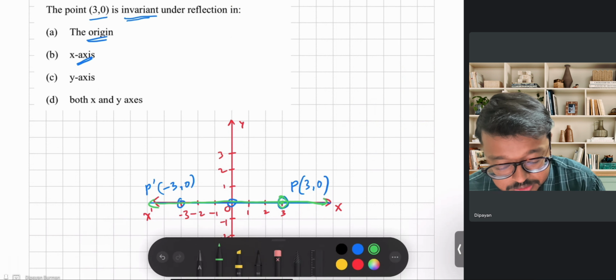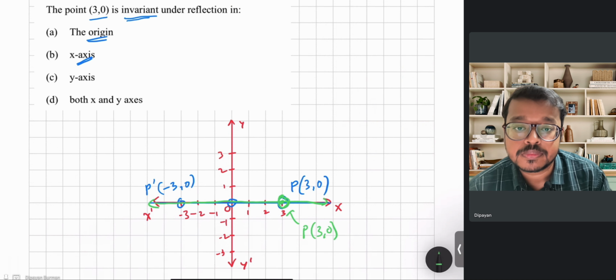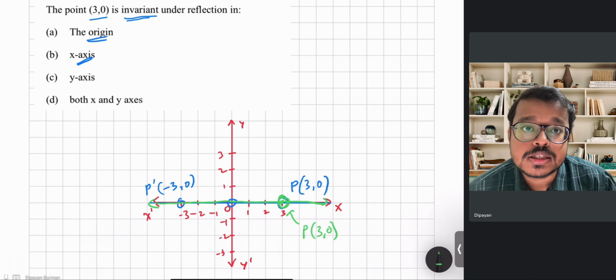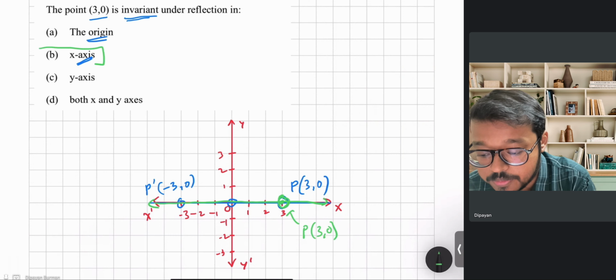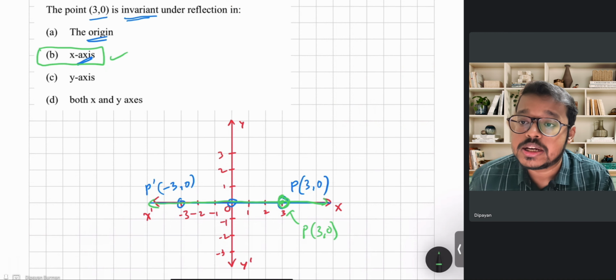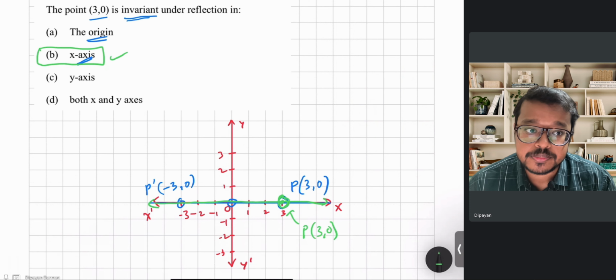So the image will again be formed at the same place. Image will also be formed at (3, 0). The object distance is 0, so the image distance is also 0. So therefore I will say option B is correct, that (3, 0) is invariant under reflection in the x-axis.